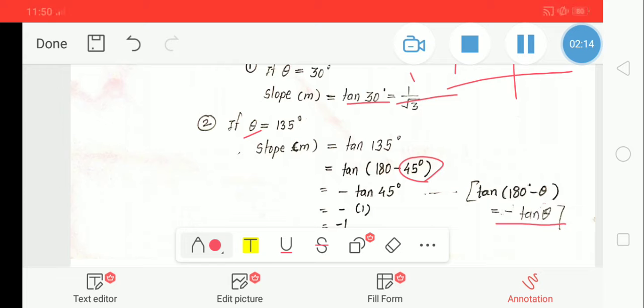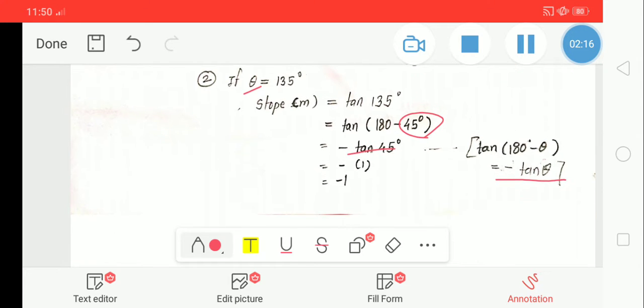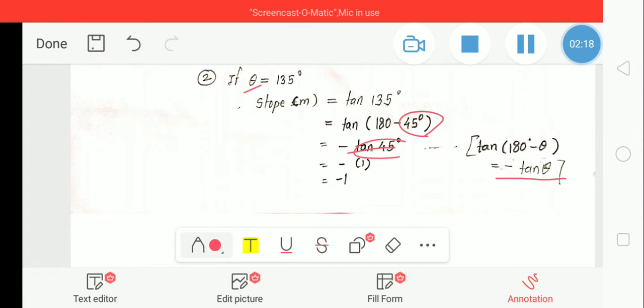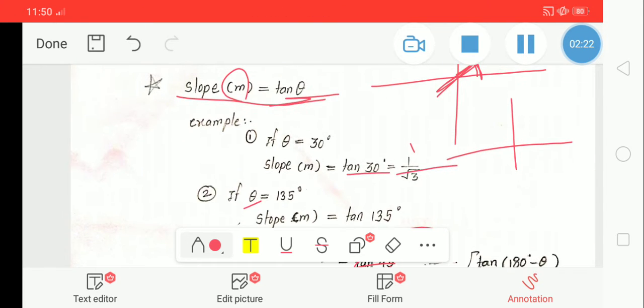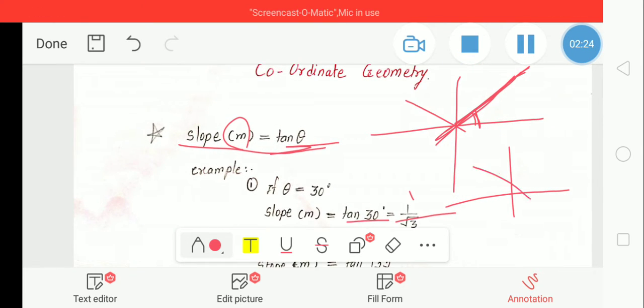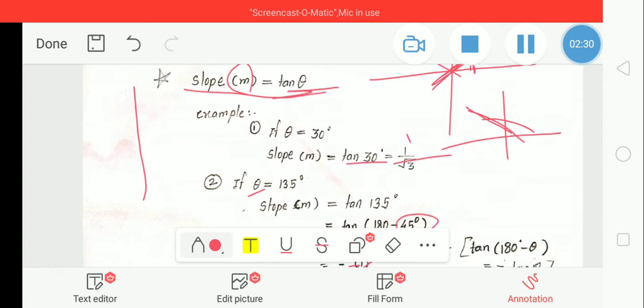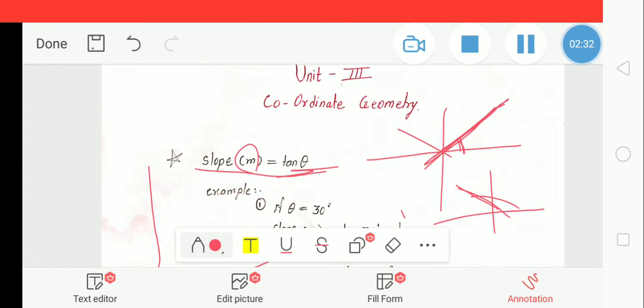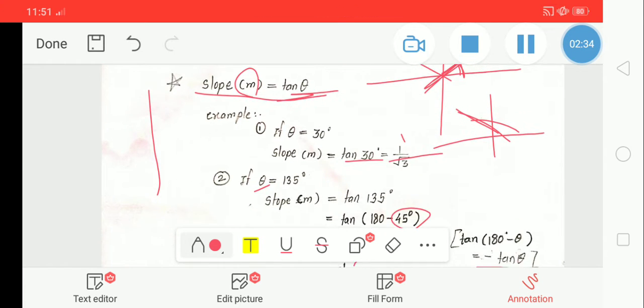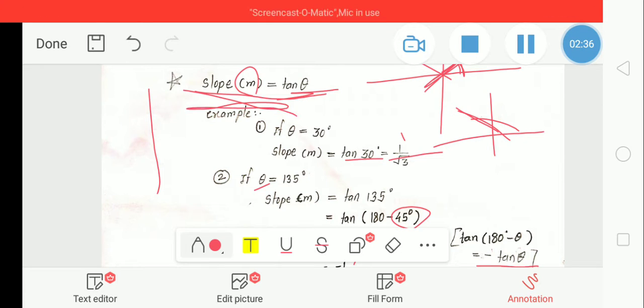Here theta is 45, so minus tan of 45, and tan 45 is 1, so minus 1. Here the slope is minus 1. In this way we find the slope of that line. So this is the formula for finding slope of a line by using angle, that is tan theta.